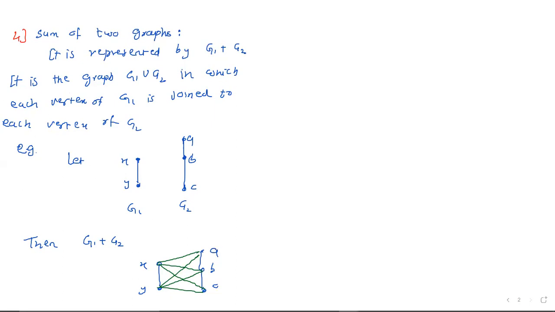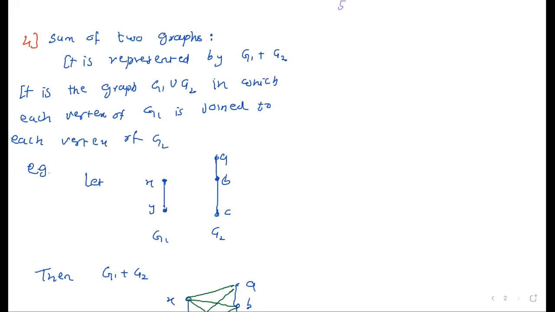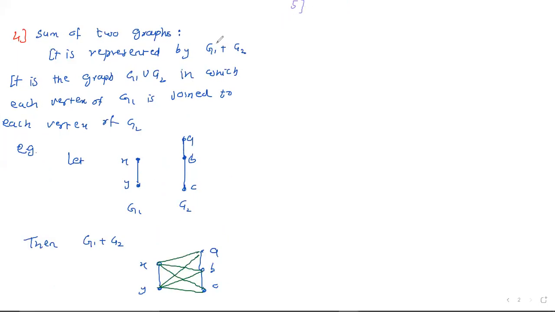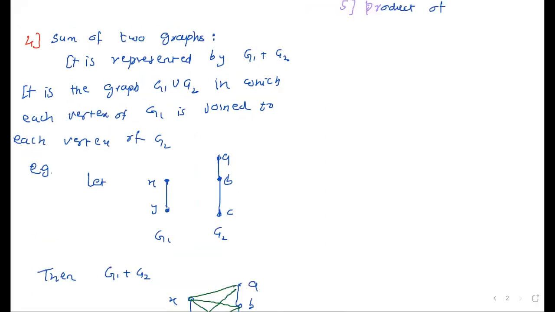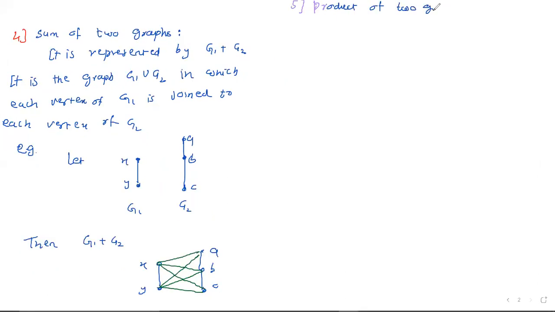The fifth one is, very simple, the product of two graphs. Here suppose we have two graphs. Suppose G1, V1, E1 is the first graph, and G2, V2, E2 is the second graph, any graph.